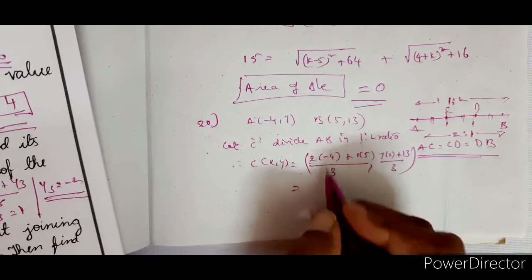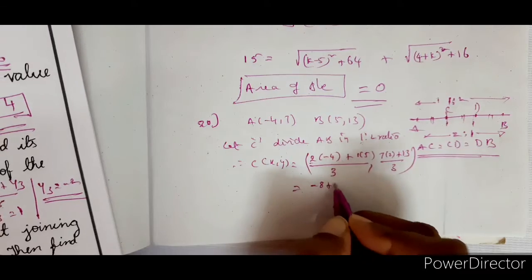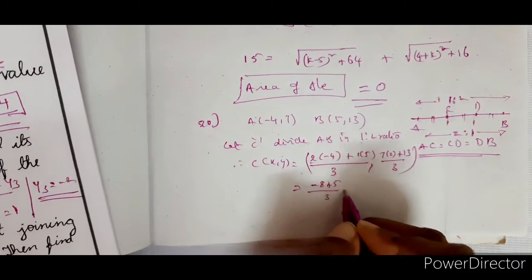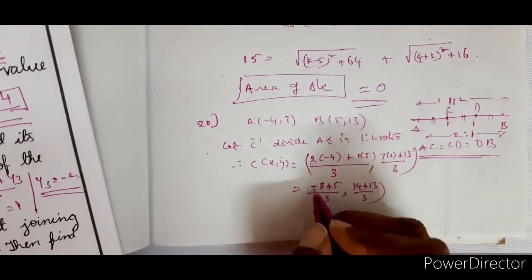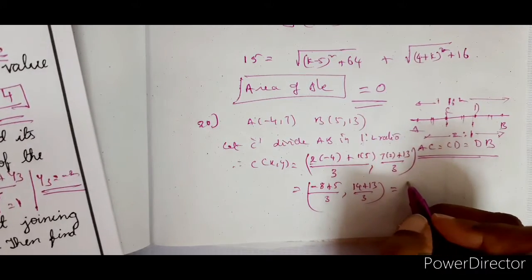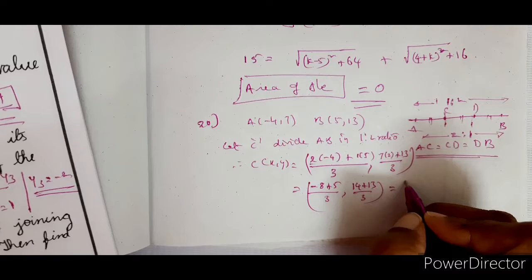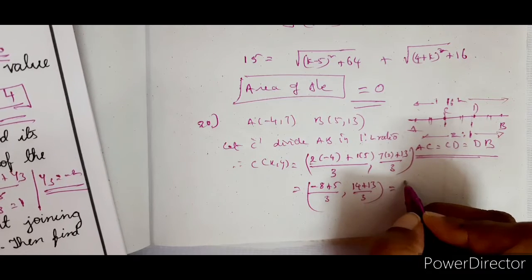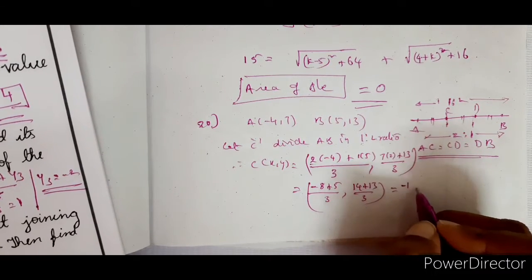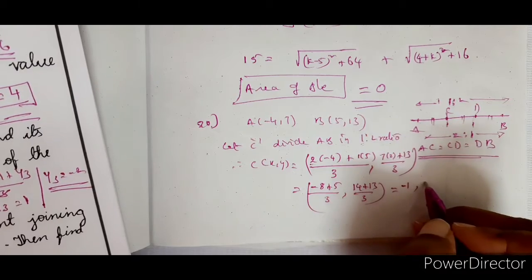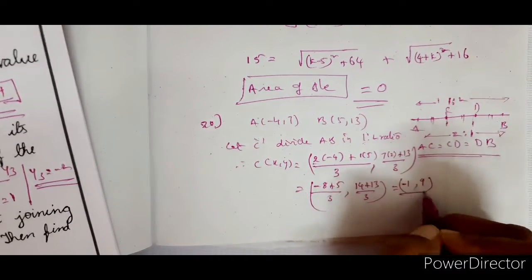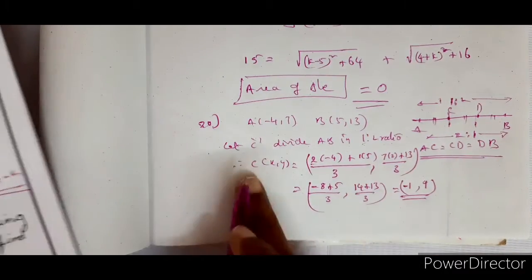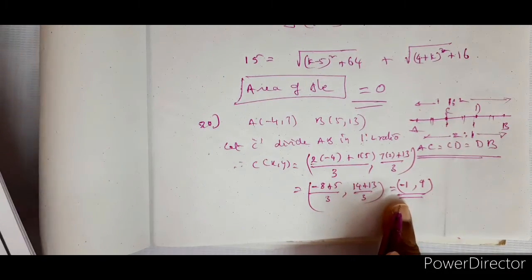So that is (-8 + 5) divided by 3, comma (14 + 13) divided by 3. So -8 plus 5 is -3, by 3 is -1. Now 14 plus 13 is 27, 27 by 3 is 9. So point C is (-1, 9).